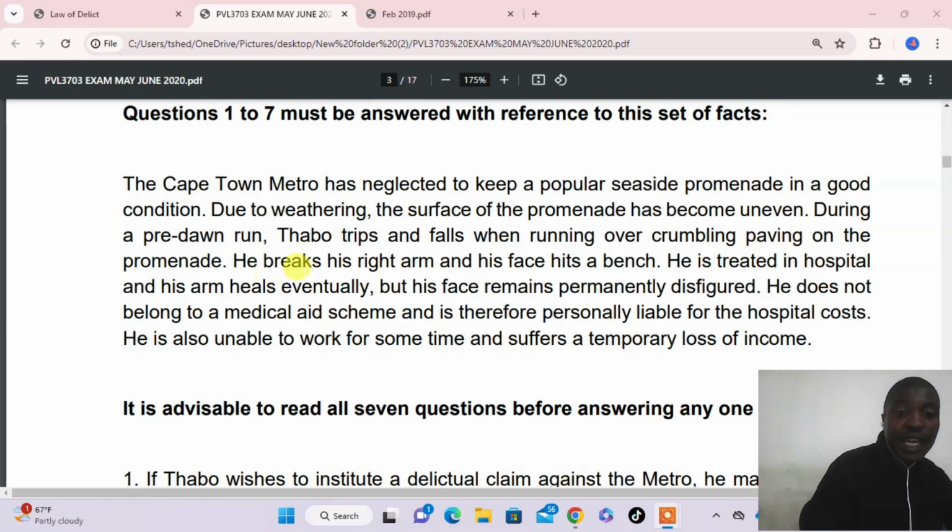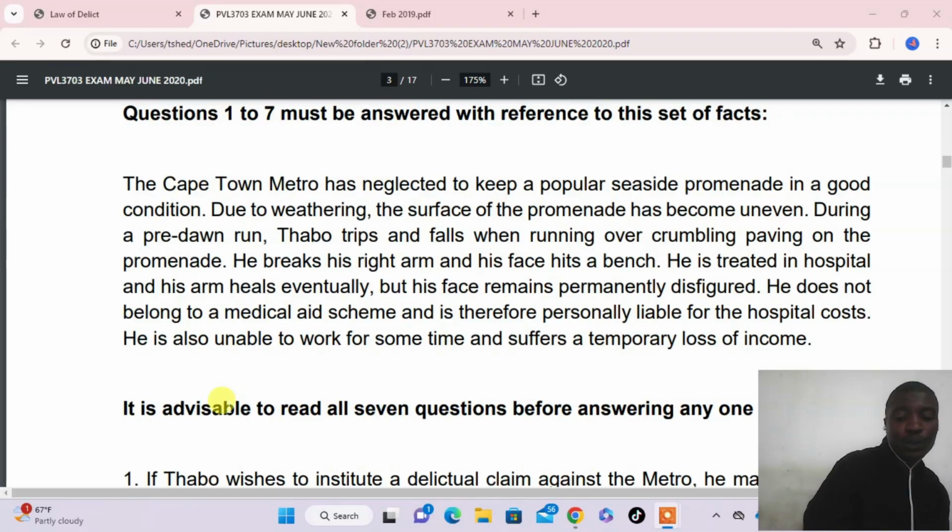He breaks his right arm and his face hits a bench. He is treated in hospital and his arm eventually heals, but his face remains prominently disfigured. He does not belong to a medical aid scheme and is therefore personally liable for the hospital cost. He is also unable to work for some time and suffers a temporary loss of income.